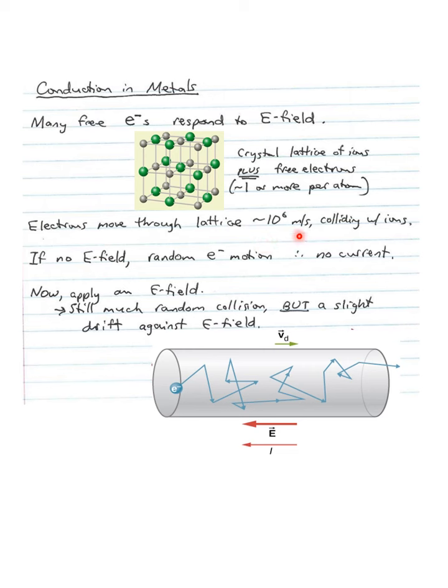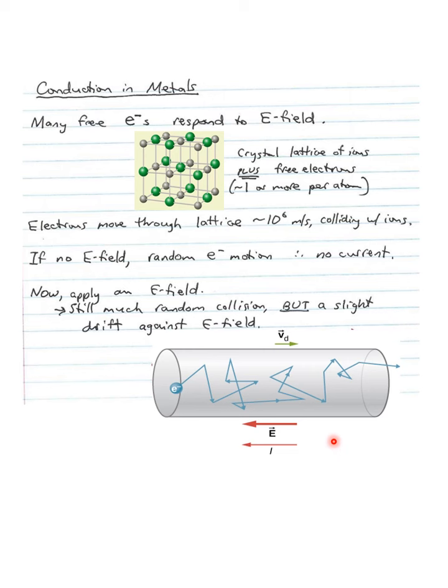If there were no electric field, then there would be just random electron motion and therefore no current. But then we turn on the switch. We have it hooked to a battery, a source of an electric field. And there's still much random collision, but there's a slight drift against the electric field.